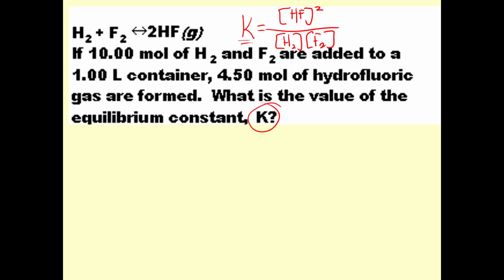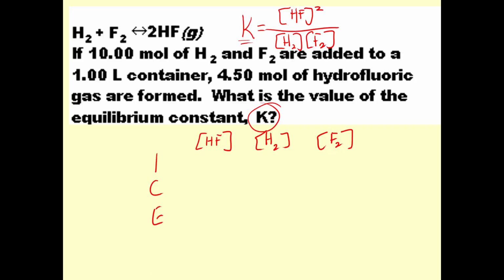So in order to do that, we need to find out what these numbers are at equilibrium, because this means equilibrium. So we're going to ICE it, and we need our HF, and we need some H2, and we need some F2. We need all of that. At equilibrium, there's some of everything.